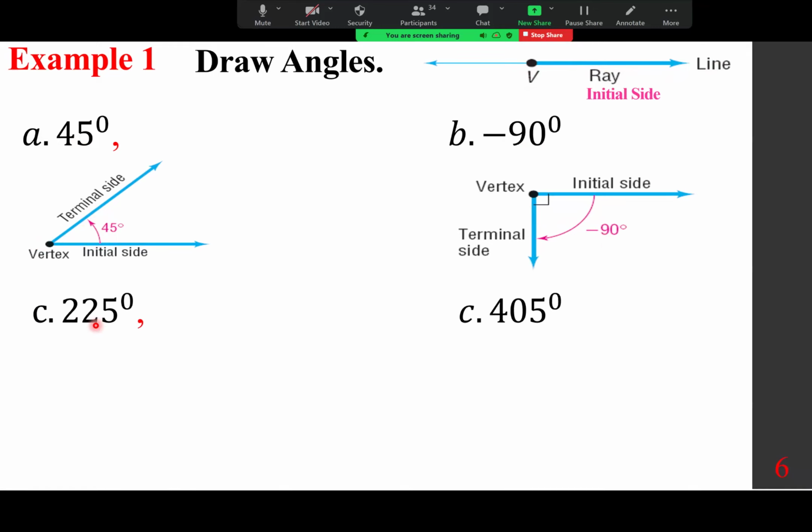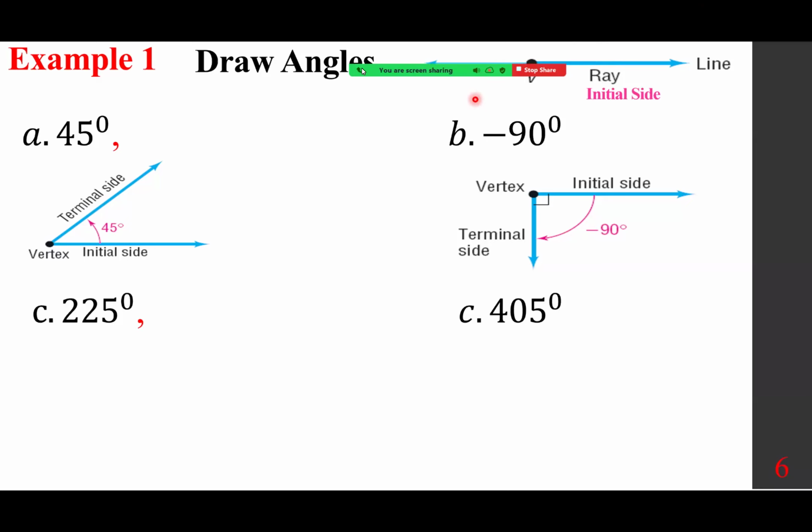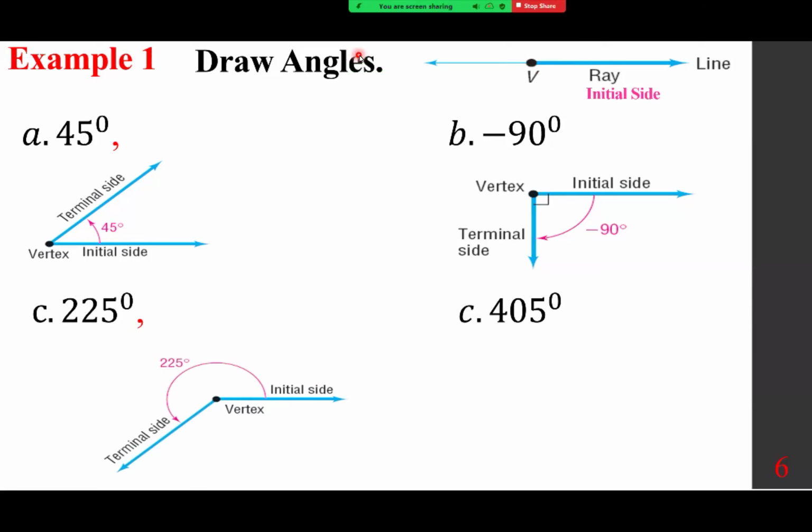225 degrees. Remember, this is 180. So you continue another 45 degrees. It puts us way into the third quadrant, 225 degrees. 405.